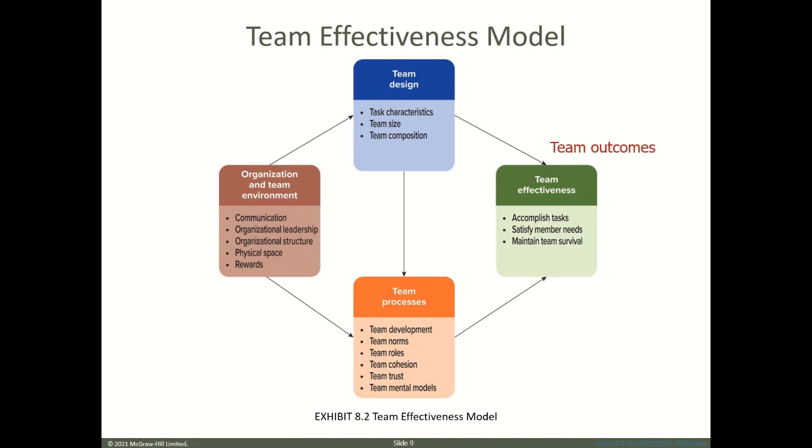Team effectiveness means the work which was assigned is completed, then satisfying member needs, then maintaining team survival. Sometimes due to conflict, some members leave the team because of incompatibility. So team survival is also one of the important things in the team effectiveness model.